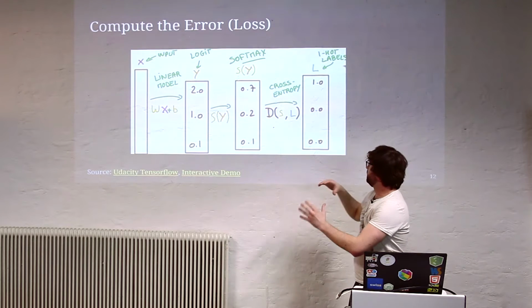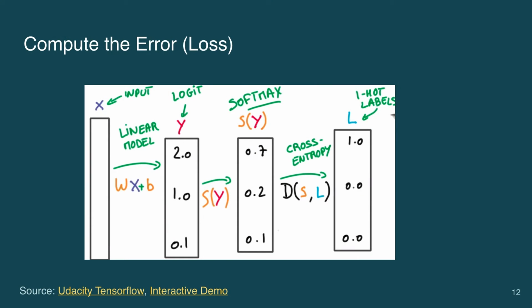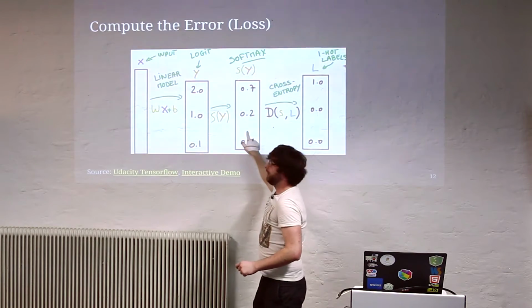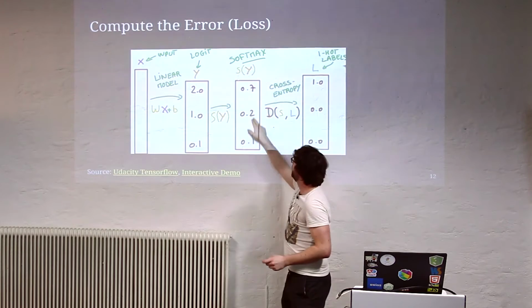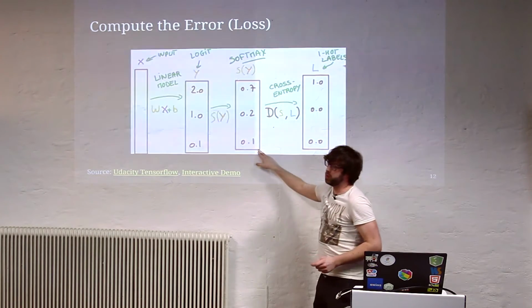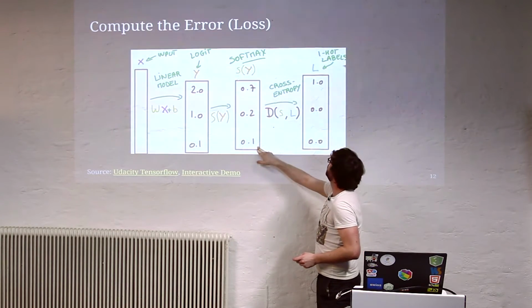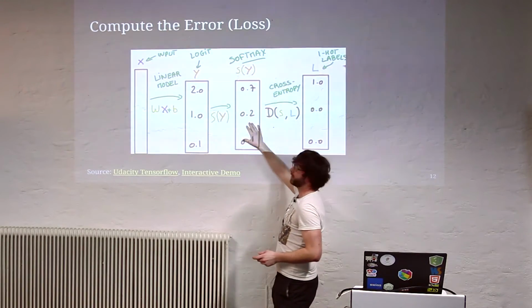So this is a little bit an overview of what we do. Here you see the input vector is the image. And you have this very simple linear model. You get some score. Then you apply a nonlinearity. In this case, it's a softmax function. Then you get another score. And then you want to know how good you are at predicting the correct class, for example.